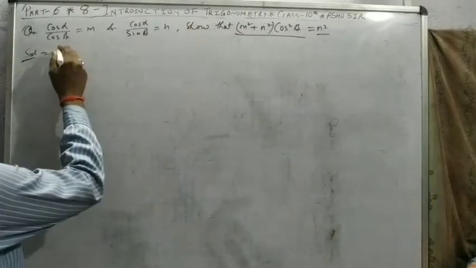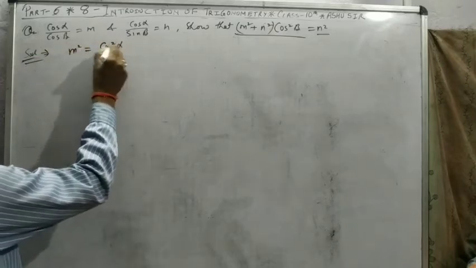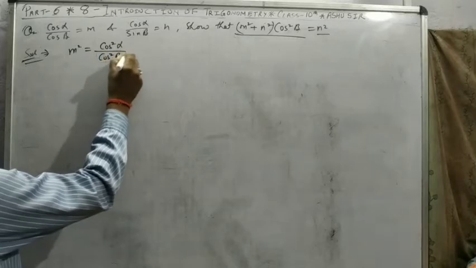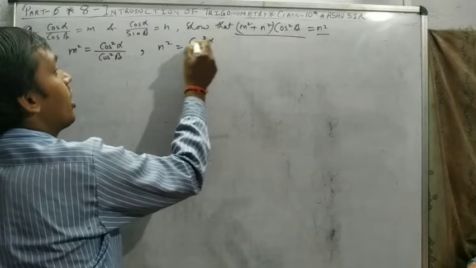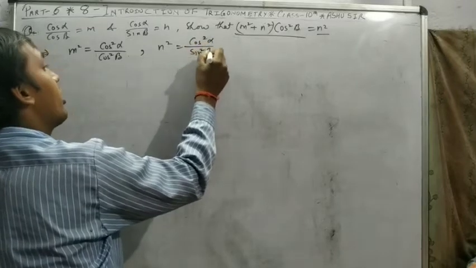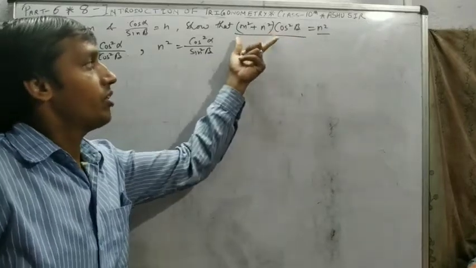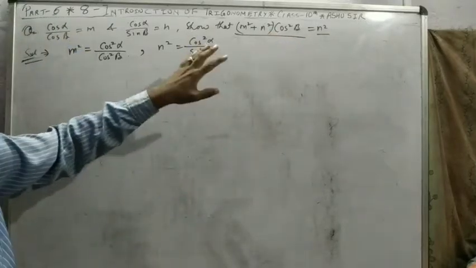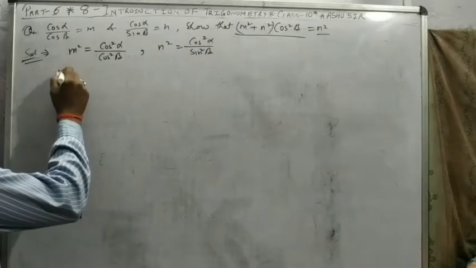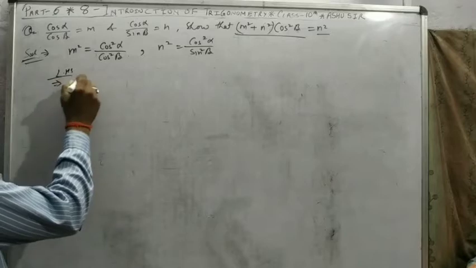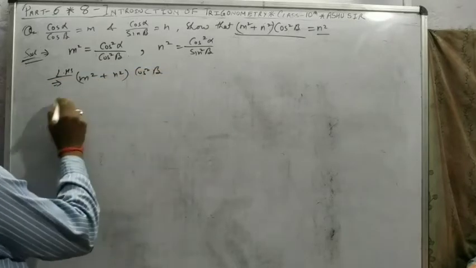So first you find the value of m square, that is cos square alpha upon cos square beta, and n square is cos square alpha upon sin square beta. This is the value of RHS. We take only LHS and prove this is equal to this. So take LHS, m square plus n square into cos square beta.